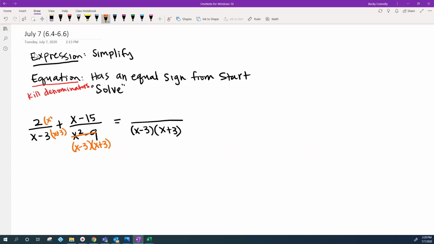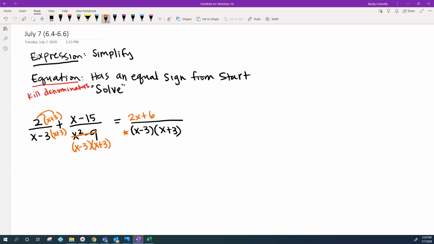So I need to multiply the top and bottom both by x plus 3. My second fraction already has both the x minus 3 and the x plus 3, so it has everything it needs. Remember, we're trying to get it to look like this new denominator here. Then when I distribute my 2 through there, I get 2x plus 6.